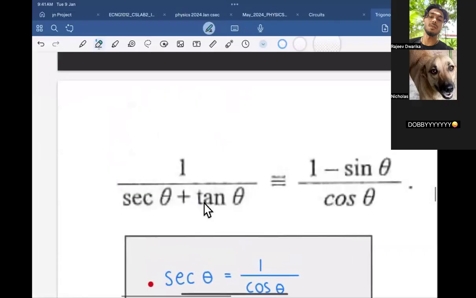Okay. So Kara, in these trigonometric proof questions, you cannot have sec theta, cosec theta, or tan theta. What are the only two things you should have? What trigonometric functions are we allowed to have?